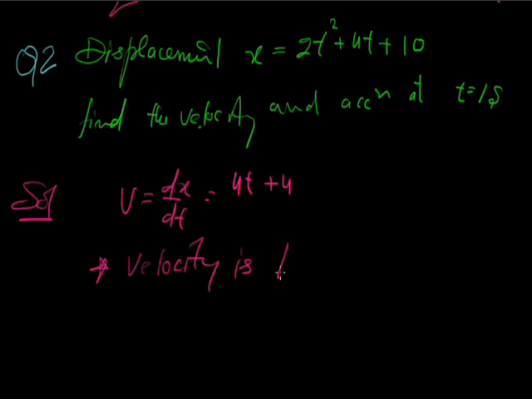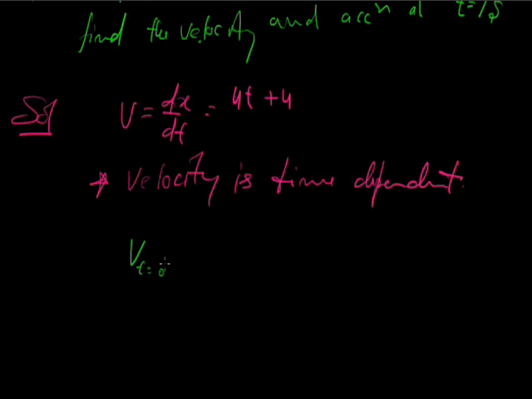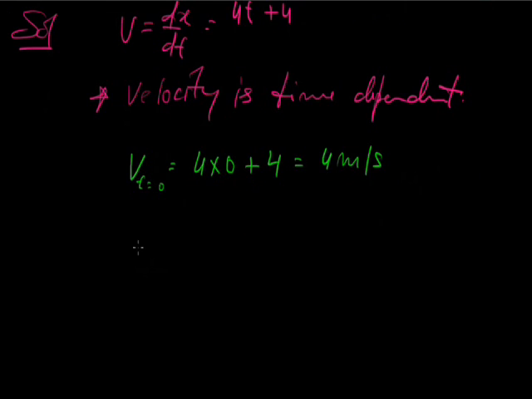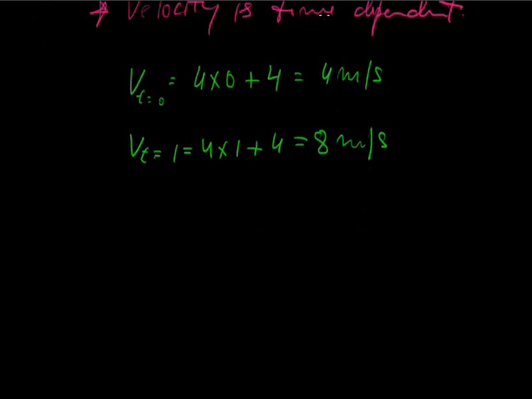At t is equal to 0, v is 4 into 0 plus 4, that is 4 meter per second. At t is equal to 1, v is 4 into 1 plus 4, which means 8 meter per second. It means velocity is increasing.